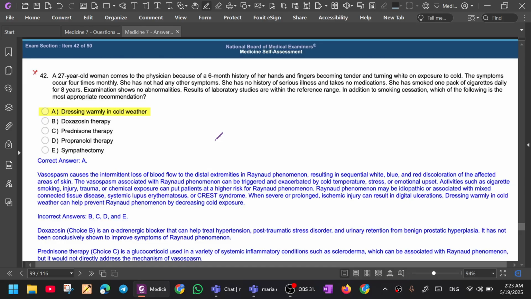Activities such as cigarette smoking, injury, trauma, or chemical exposure can put patients at a higher risk. Raynaud's phenomenon may be idiopathic or associated with mixed connective tissue disease, SLE, or CREST syndrome. When severe or prolonged, ischemic injury can result in digital ulceration. Dressing warmly in cold weather can help prevent Raynaud's phenomenon by decreasing cold exposure.